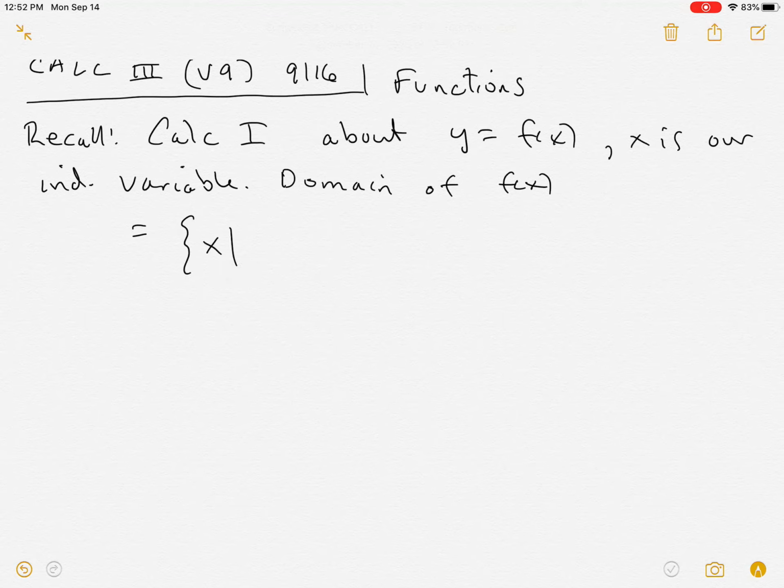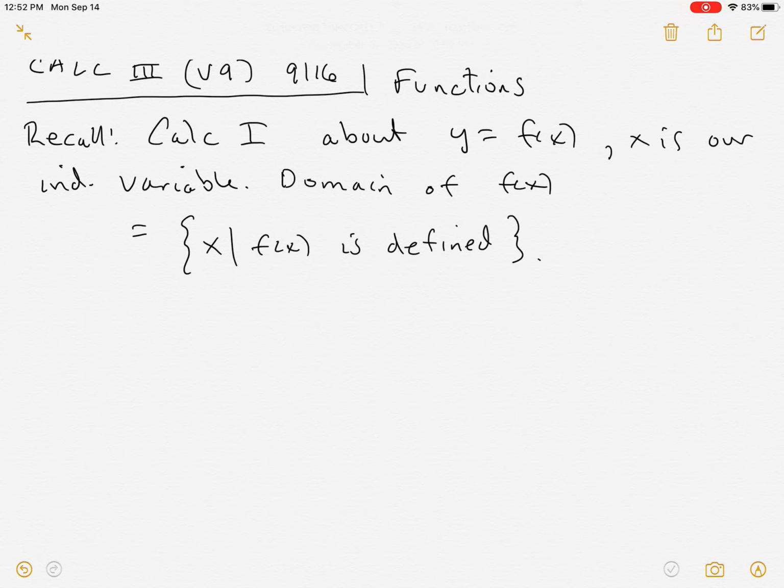It's all the values of x such that f of x is defined. So wherever the input is defined as being put in and defining a function that way, that's our domain.